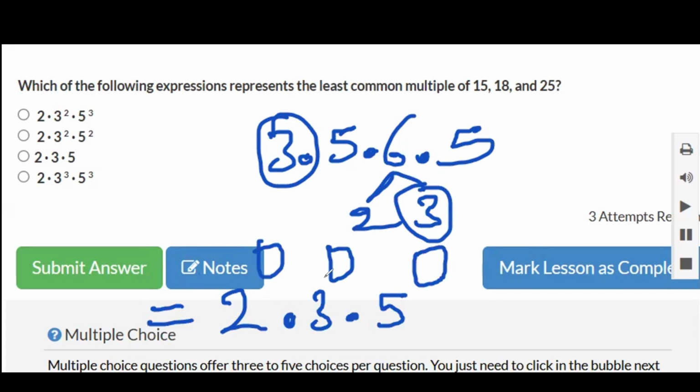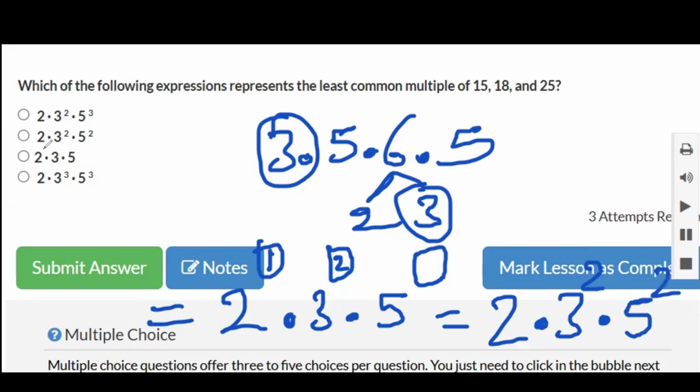And 5 has a power of 2. The second one, the B.